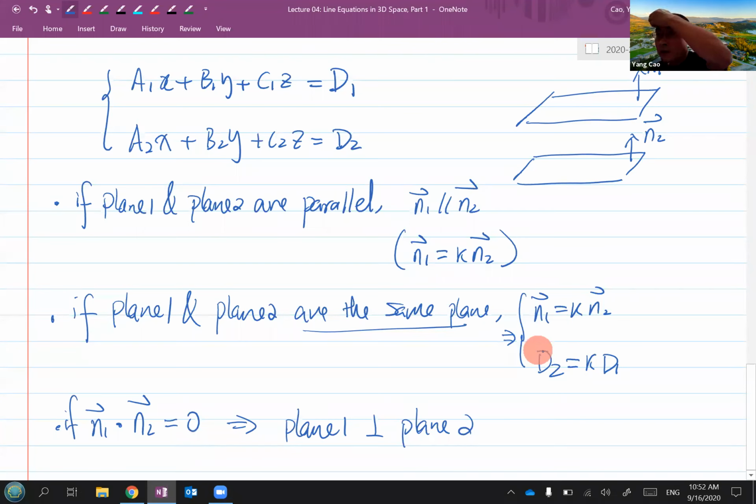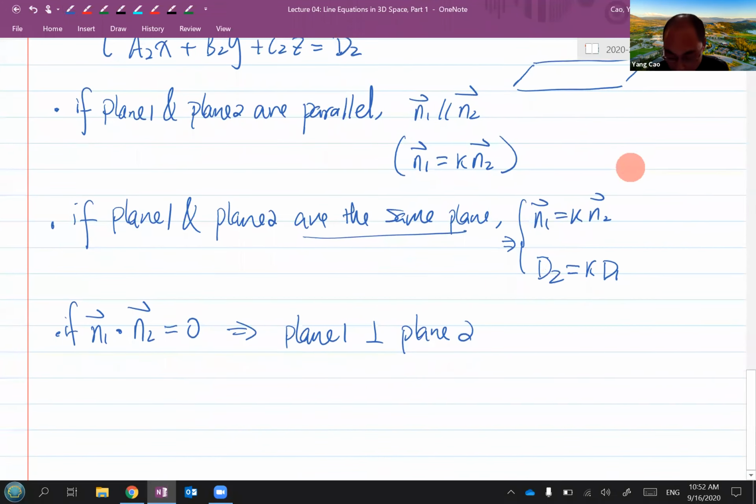Okay, so there's another question. What is the value of k here? The value of k is just any number, depending on the plane equation. For example, maybe I have 2x, 4y, and 8z equal to 10. And let's not use 10, maybe use 15.